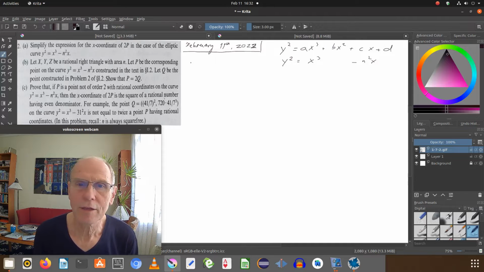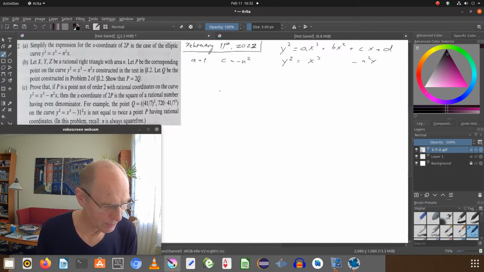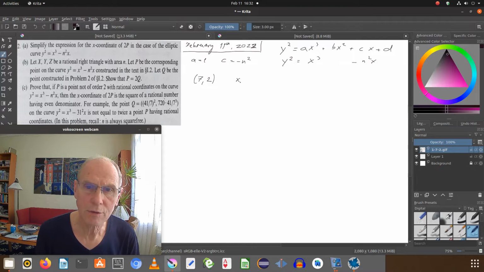So a equals unity and c equals minus n squared. So we take the formula 7,2 and reduce it. Let's call it x2 instead.